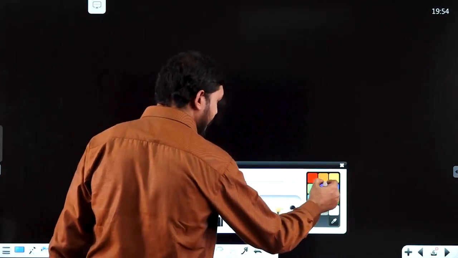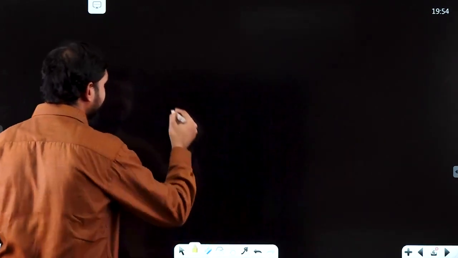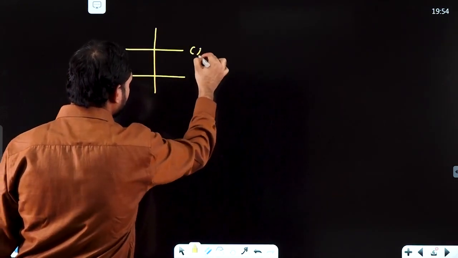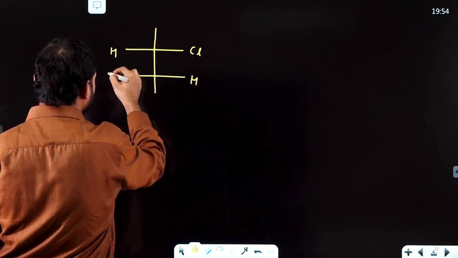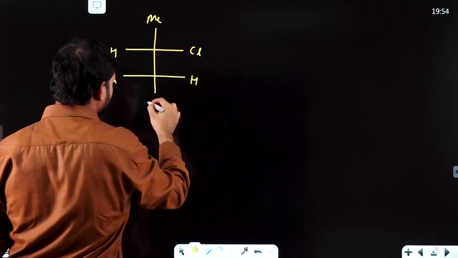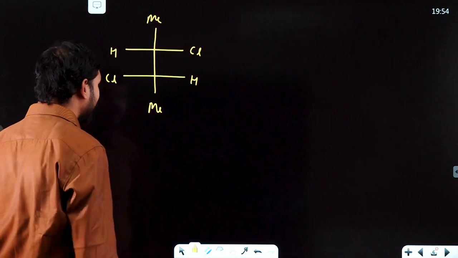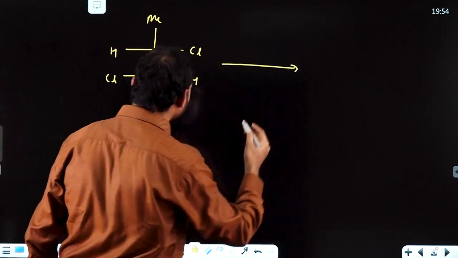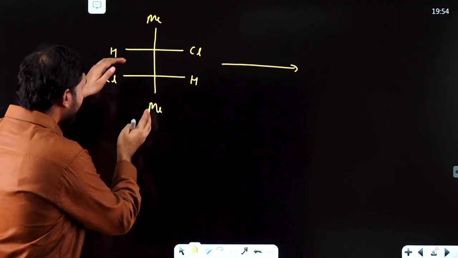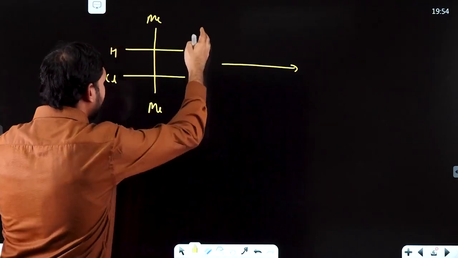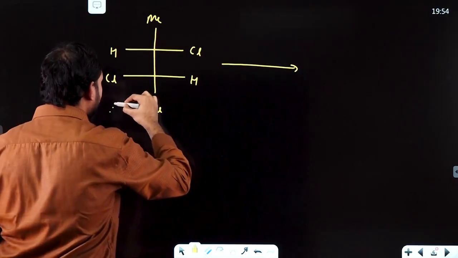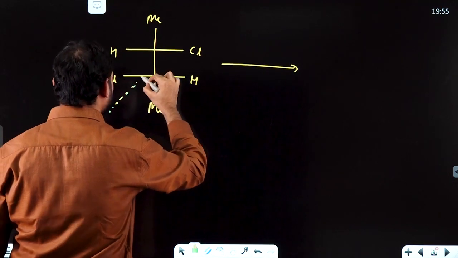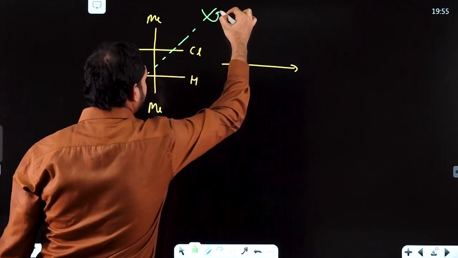Let's take another example. Now in this molecule, what will happen? Suppose I rotate this molecule 180 degree, this plane with C2.